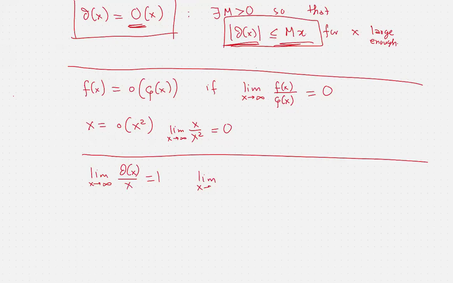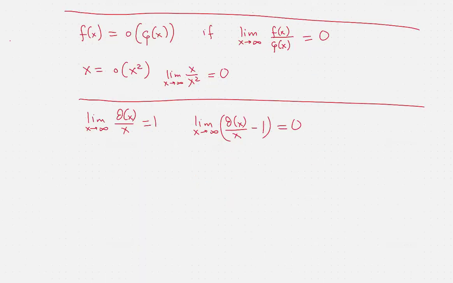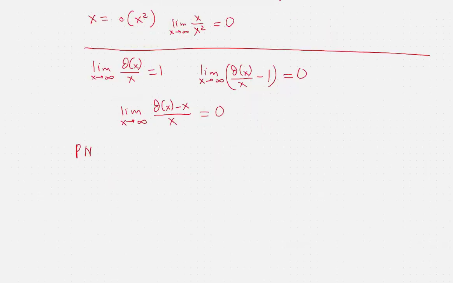And this is equivalent to saying that the limit as x tends to infinity of theta of x minus x over x is equal to 0. So you might argue now that the prime number theorem is equivalent to saying that theta of x minus x is little o of x.